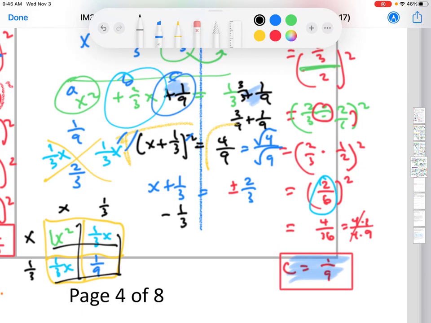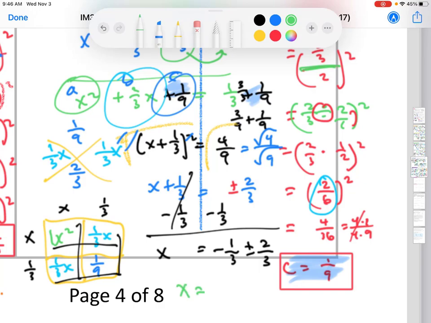And subtract the 1/3. So you have x equals negative 1/3 plus or minus 2/3. X equals negative 1 plus 2 is 1, over 3. Negative 1 minus 2 is negative 3. So negative 3 over 3 is just negative 1. And that's our answer.